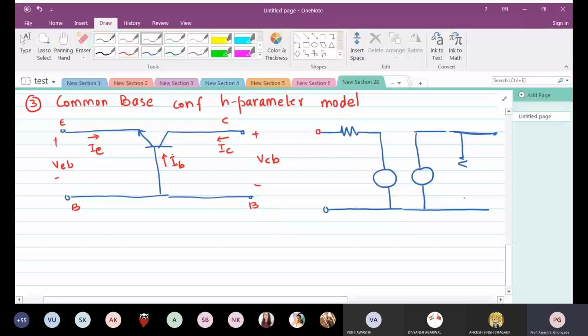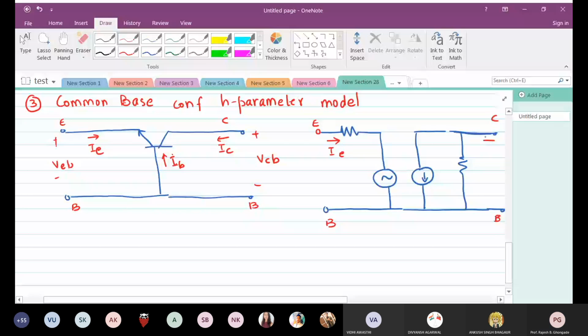Now, you're going to tell me this is the voltage source. Again, this is the current source. So this will be your emitter. This is base, and this is collector.